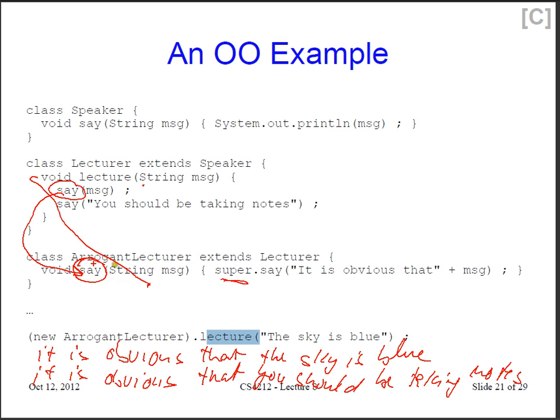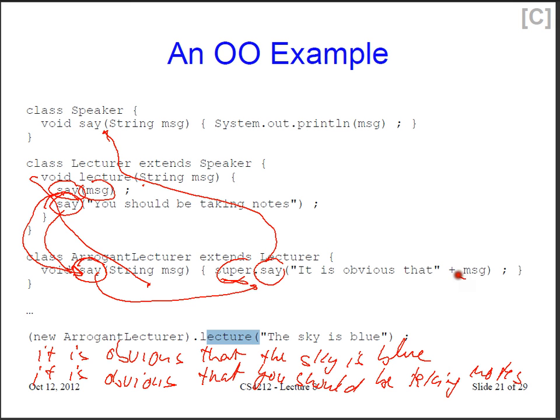And then inside say, we're selecting this method which belongs to the super, so this will go here, right? And we're going to have that, right? And when we do this say, the same thing will happen. We'll go here, and this guy will call the qualified say, which goes here, right? So we're taking the message.